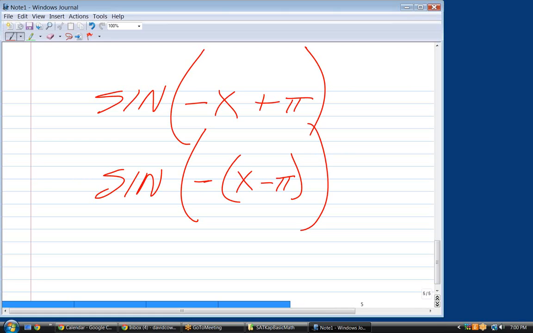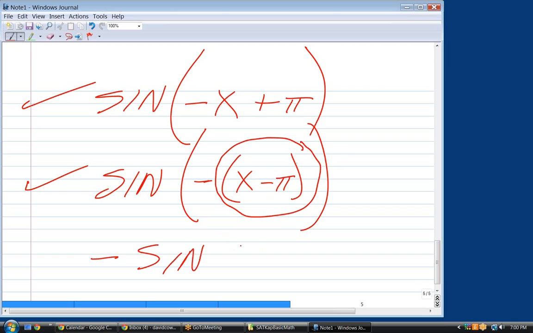In other words, notice I haven't changed anything. Those two things are the same. Distribute that negative sign, and you get the same thing as the top. But this is now the angle. And the sine of a negative angle is the same as negative sine of that angle.